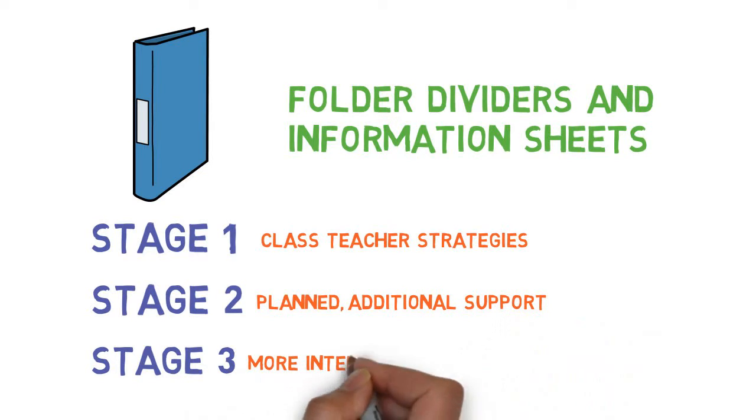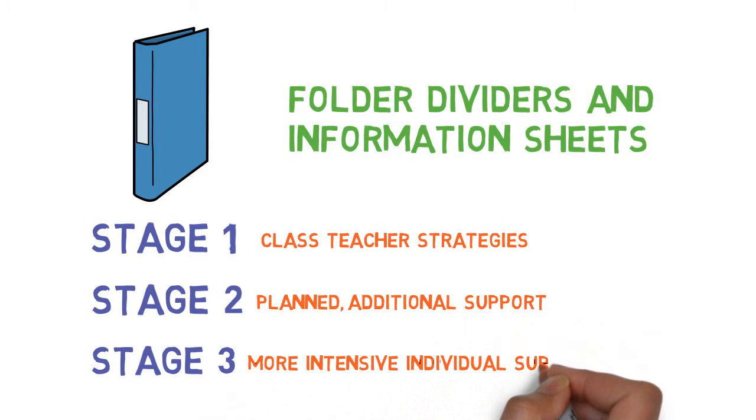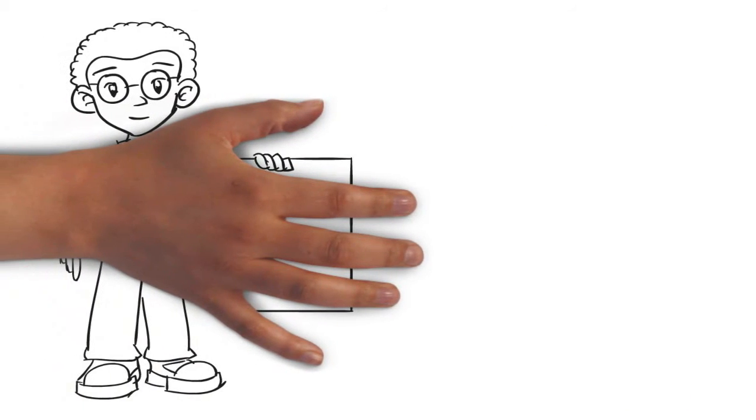Stage 1 involves strategies that the class teacher can implement by themselves. Stage 2 involves some planned additional adult support. Stage 3 involves more intensive support for the student. For each stage we give you a behaviour plan.